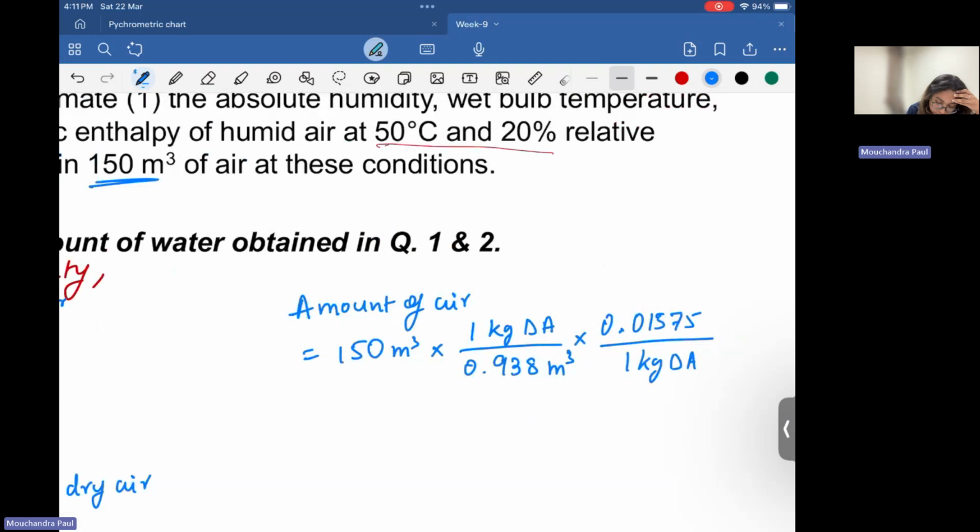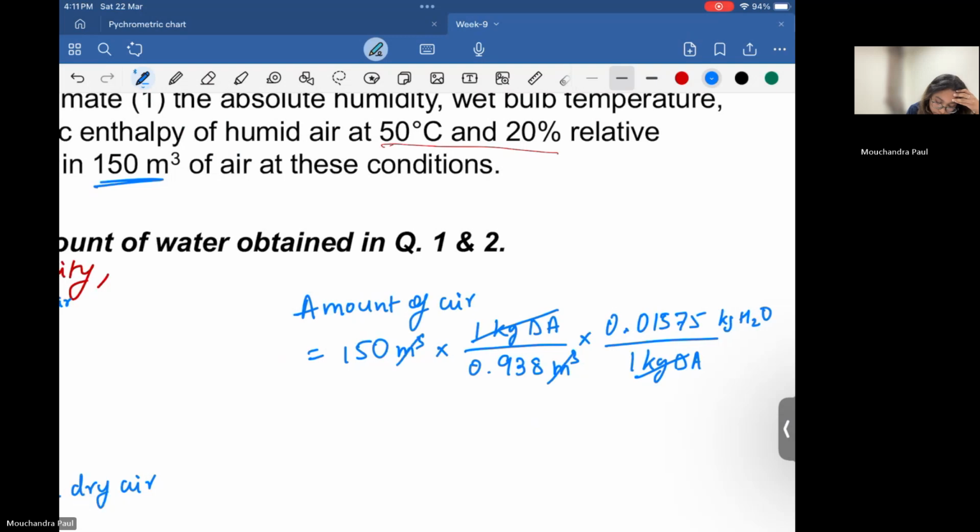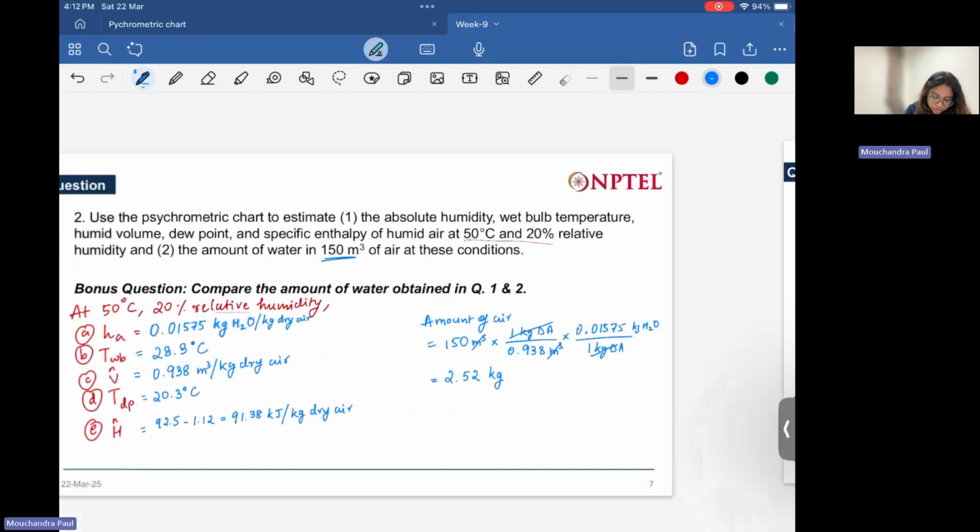Per kg air. And you should get 2.152, close to 2.52 kg water.